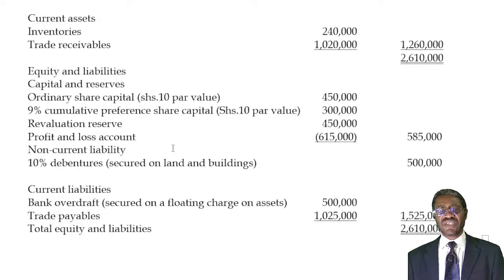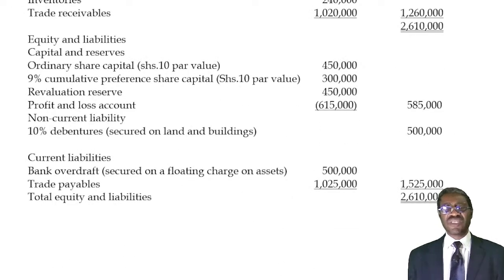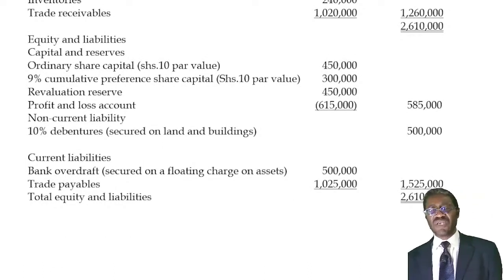After current assets, we now go to capital, that is equity and liabilities. Now we have ordinary share capital of 10 par value. We have 9% cumulative preference share capital of 10 par value. You have revaluation reserve. You have profit and loss. If you look at the profit and loss, it's in bracket, meaning our company has an accumulated loss.